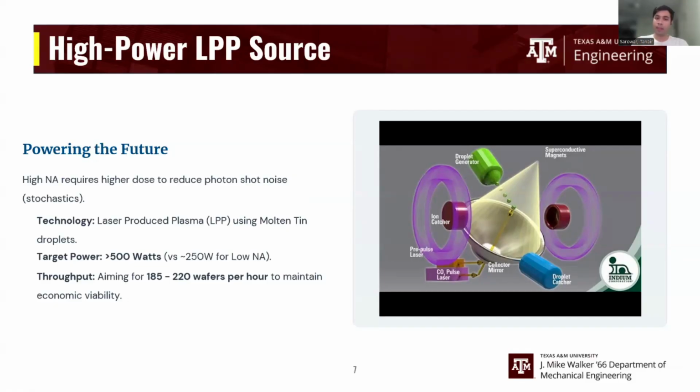First, to make it a pancake shape, then you hit it a second time with the CO2 laser. That creates the extreme ultraviolet light. That is the basis of, I think, currently all of the ASML EUV scanning systems.